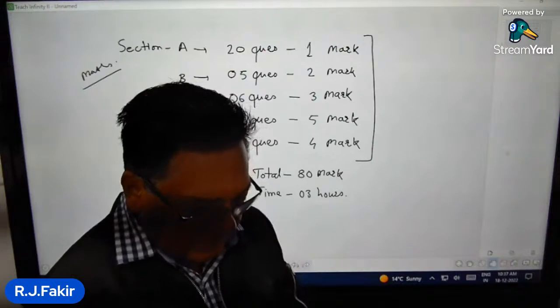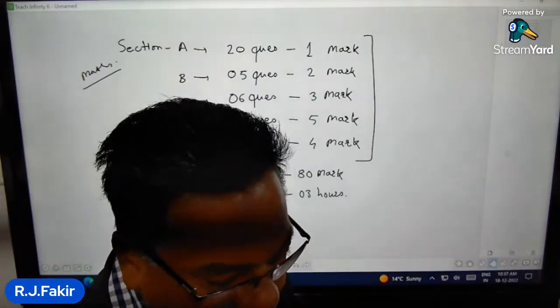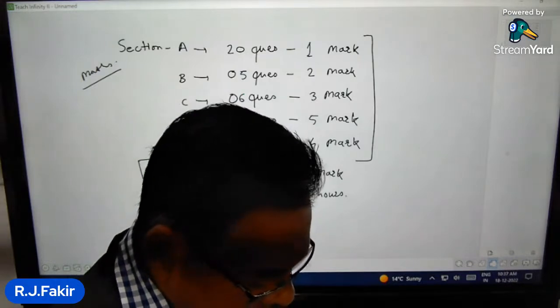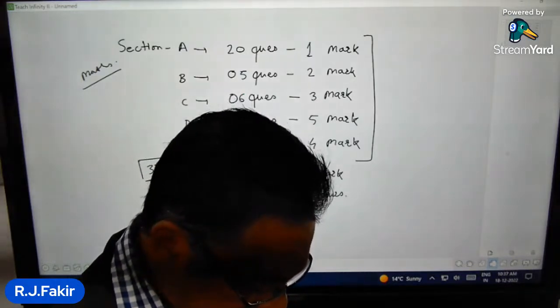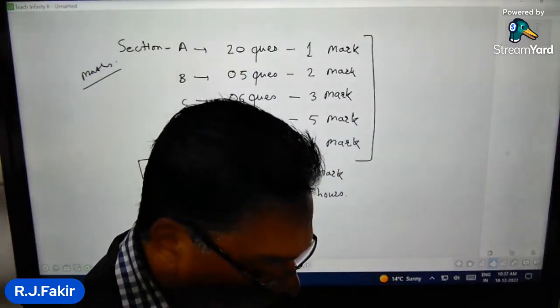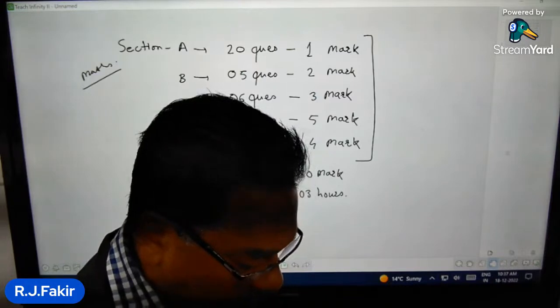Now, if you look at section A, you will find that the questions are somewhat tricky and they consume a lot of time if you are not aware of them.